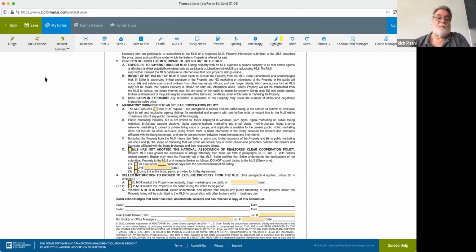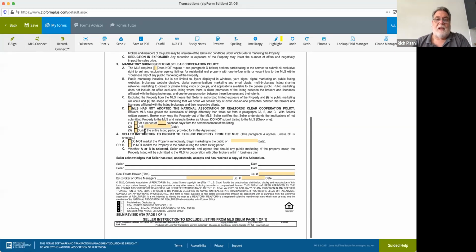So that's that. Then here we go into the grit of the agreement. You have 3 choices. You can exclude it for X amount of days. So that's number 1, for a period of X calendar days, 30 calendar days, 15 calendar days, whatever.